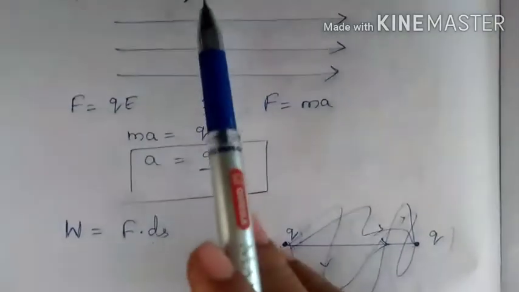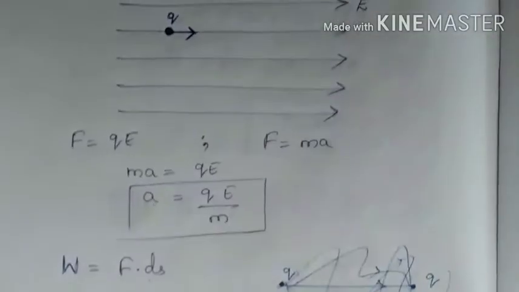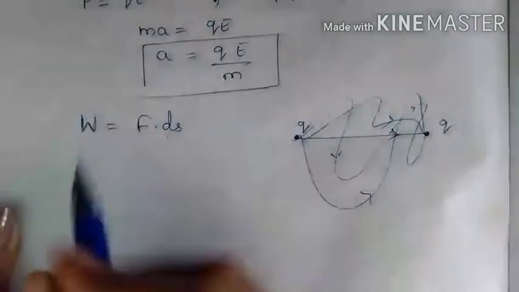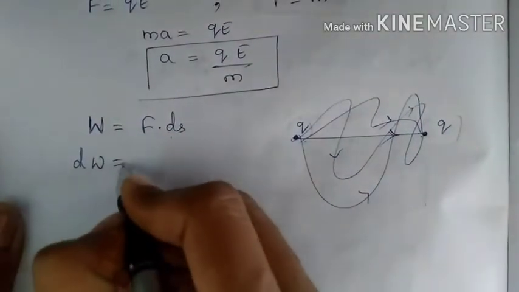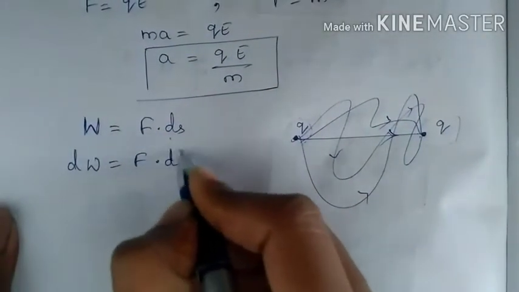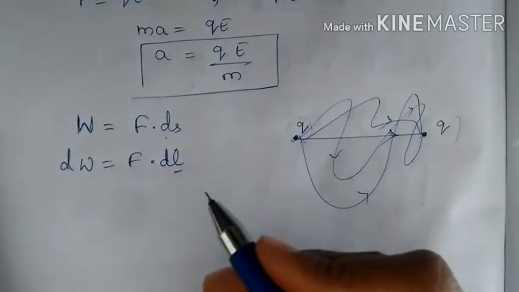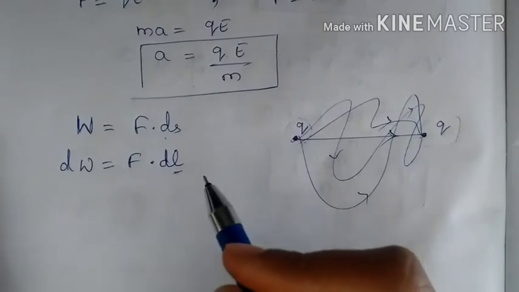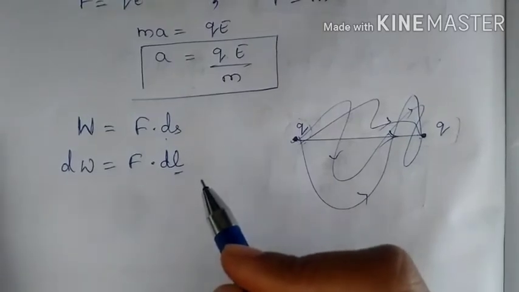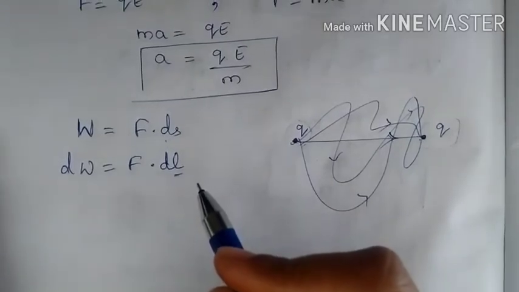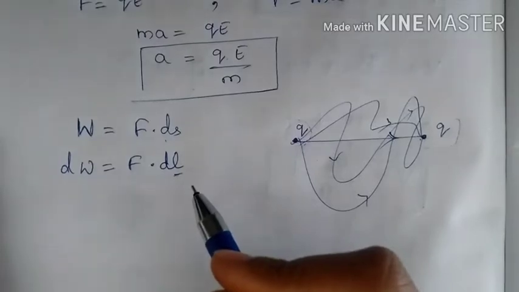So, with respect to this diagram, we can write dW is equal to F dot dl. Here dl means the small displacement that occurs to the charged particle when it experiences the force.